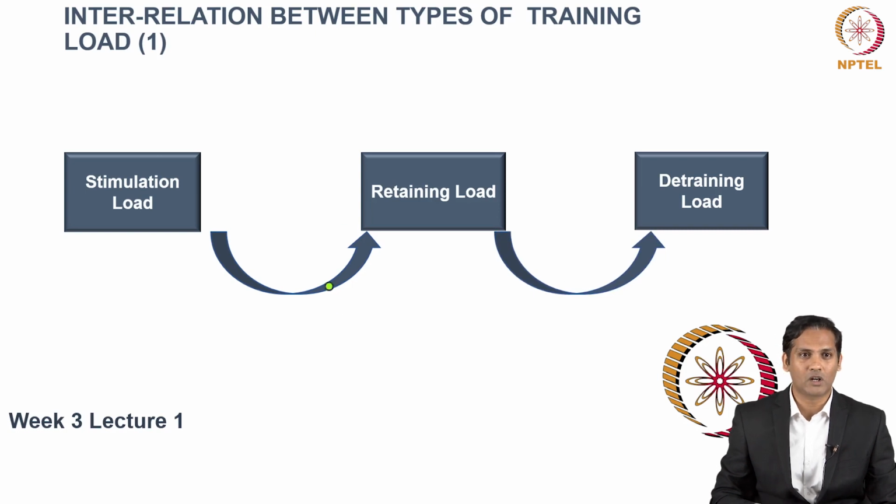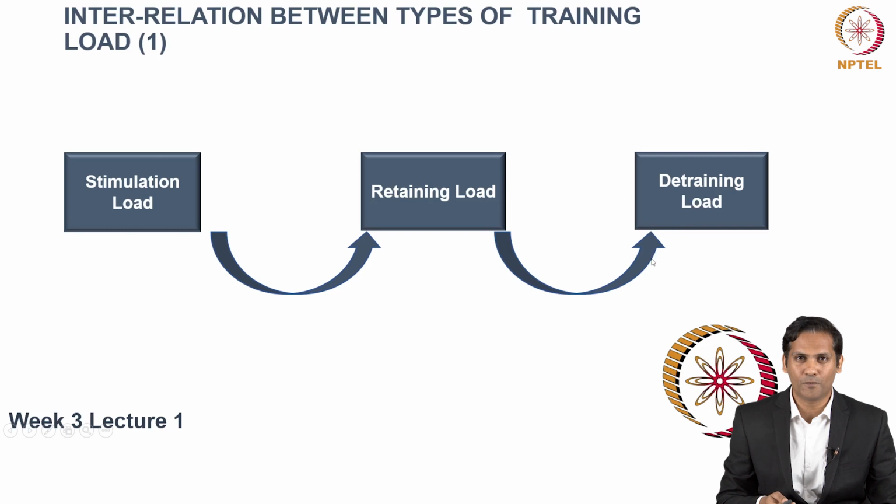So you may start a workout routine by giving a stimulation, but if you fail to apply a new stimulation, or if you fail to apply a stimulation which is much higher, really challenging the athlete's capacity, then the recovery that has been achieved, the new baseline that has been achieved, as time goes by, will finally become a detraining load, and the new baseline that is achieved in week 1 would ultimately diminish, and your new baseline would go down below the baseline number 0.